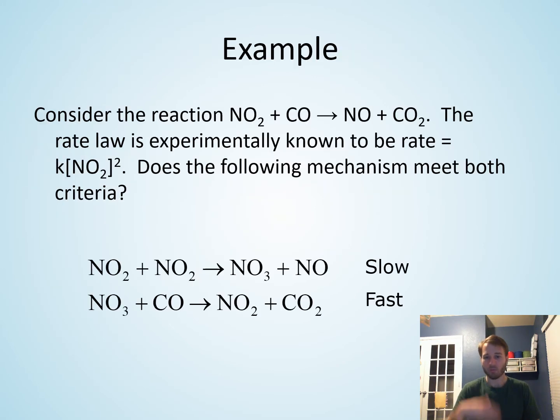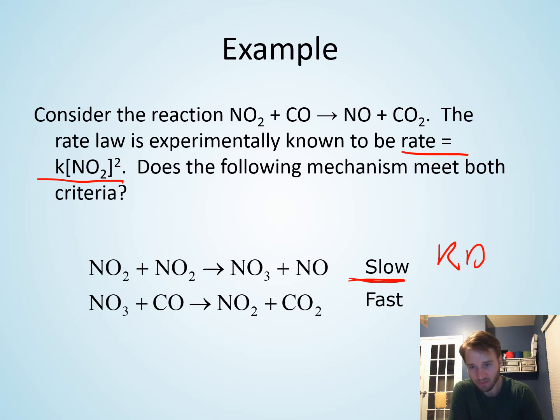For example, going back to the original example of NO2 plus CO going to NO plus CO2, experimentally I know the rate law is rate equals k times [NO2] squared. If I have this proposed mechanism where the first reaction is the slow one, this is my rate determining step.